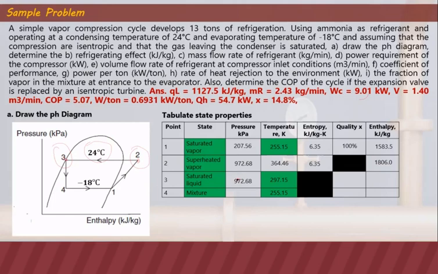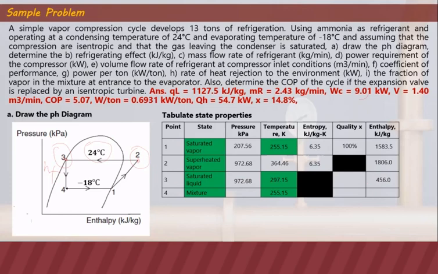And since we already know that this is saturated liquid, even without knowing the pressure, we can get quality as well as the enthalpy. Since this is saturated liquid, there is no vapor, so this is 0% quality. And then the enthalpy is Hf at 24 degrees Celsius, or Hf at 297.15 Kelvin for ammonia, so we have 456 kilojoules per kilogram.